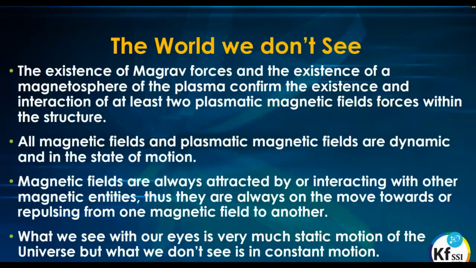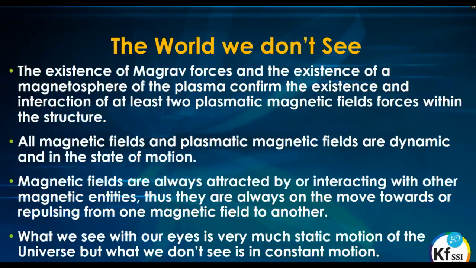The existence of magnetic gravitational forces and the existence of a magnetosphere of the plasma confirm the existence and interaction of at least two plasmatic magnetic field forces within that structure. So all the magnetic fields and plasmatic magnetic fields are dynamic and in a state of constant motion.